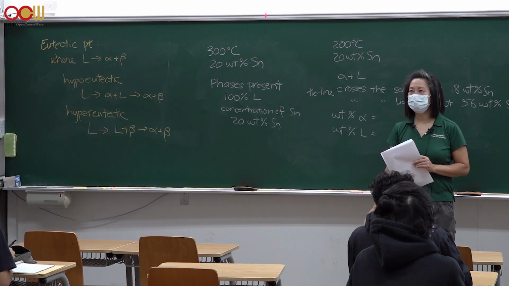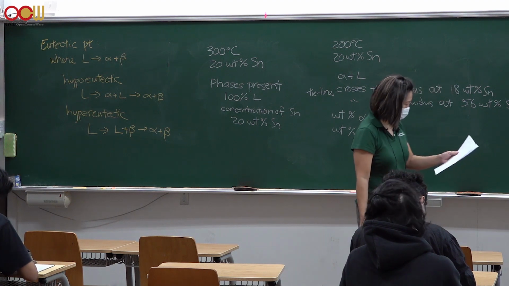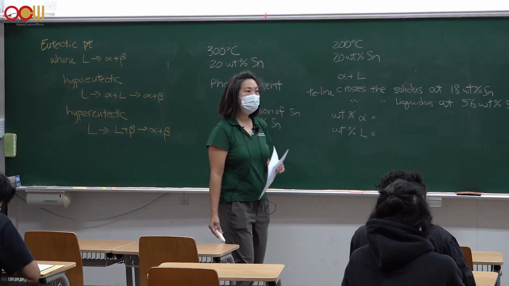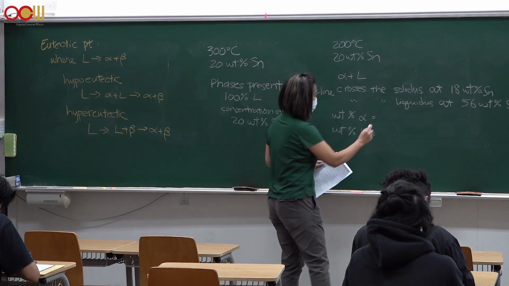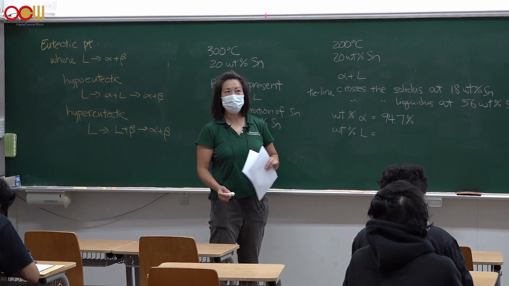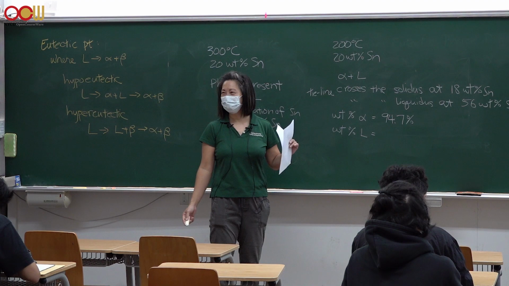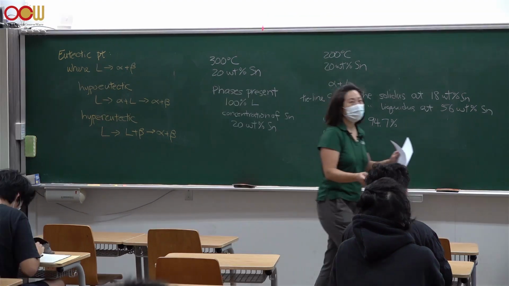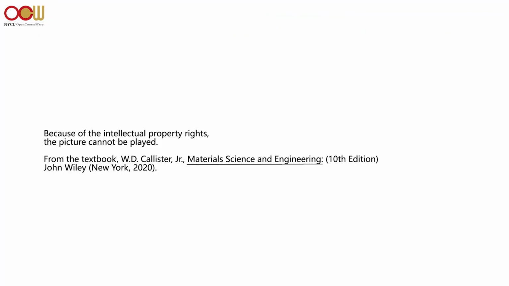Anyone come up with a number for the percentage of alpha? 94.7%. Any questions about how we got this? Do you want me to go over the math a little bit? So this is our tie line right here, a horizontal line that crosses the solidus and the liquidus and goes through the point that we're looking at.